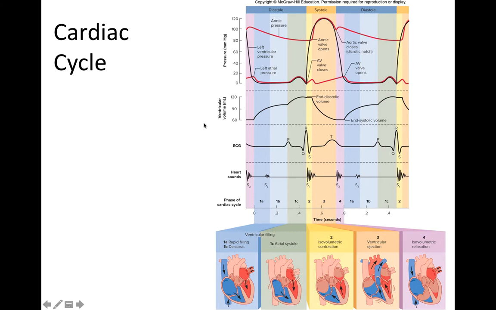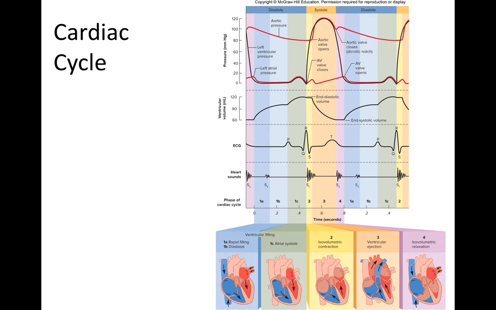So in this portion of the graph here, ventricular volume is increasing. So if ventricular volume is increasing, the blood is coming from an atria into the ventricle. That's the only way for blood to get into a ventricle is from an atria. So there is a valve between them that must be open.